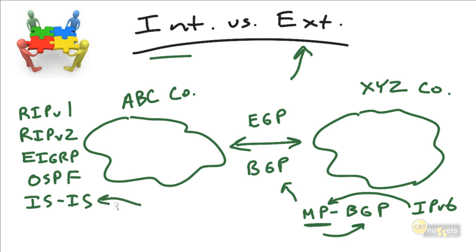Intermediate system to intermediate system is a competitor to OSPF, and where you find that used as an IGP is in big internet service providers. Yeah, a lot of big internet service providers went for ISIS because it is more flexible in its design than OSPF, and they went and stuck with it. You won't find ISIS outside of many ISP type of environments. Sure, there's definitely some companies out there that are being really bold and unique, and they're running ISIS as their IGP. But as I said, most of those you would find would be internet service providers.